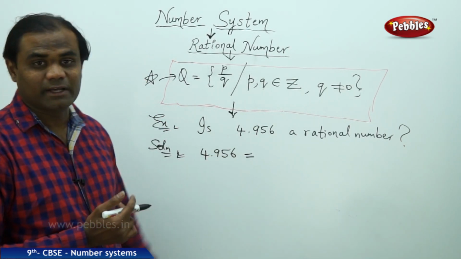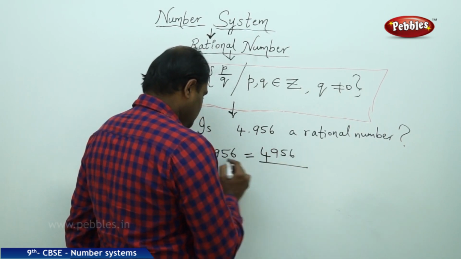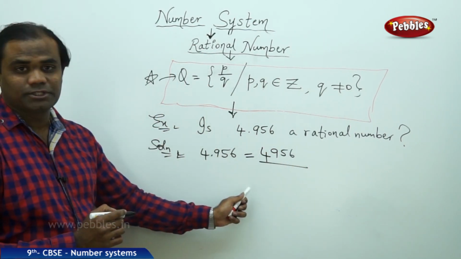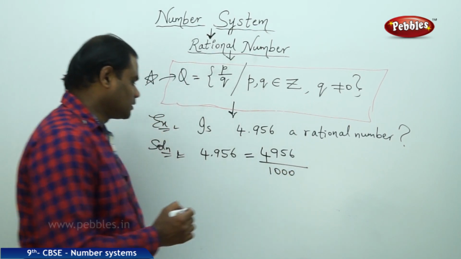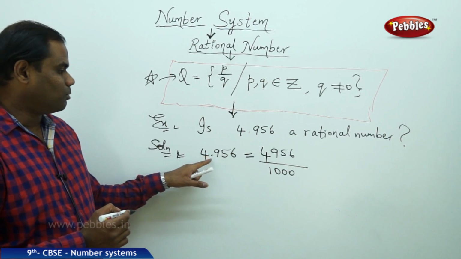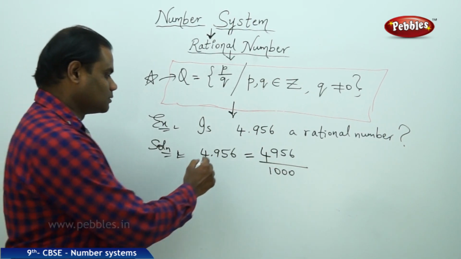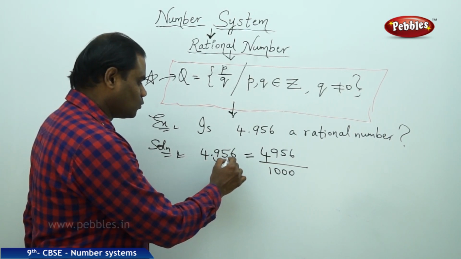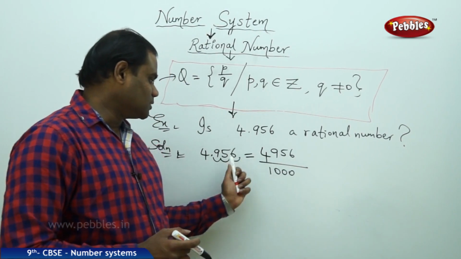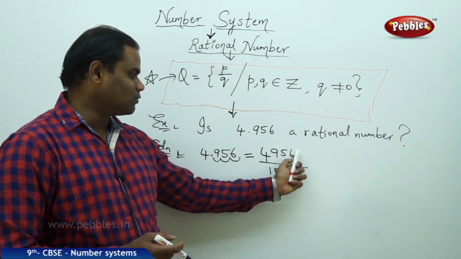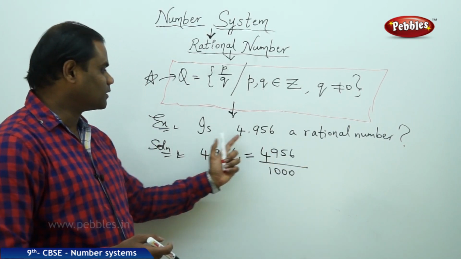Therefore, 4.956, when converted to non-decimal form, has 3 zeros added to the denominator, so this decimal 4.956 can be expressed as 4956 by 1000, the 3 zeros being counted on 1, 2, and 3 decimal places. Therefore, 4956 by 1000 is the indirect simplified form of the given decimal 4.956.